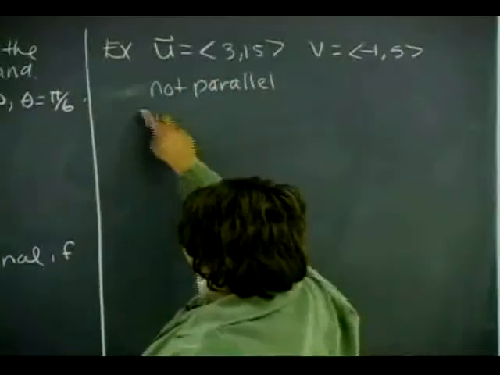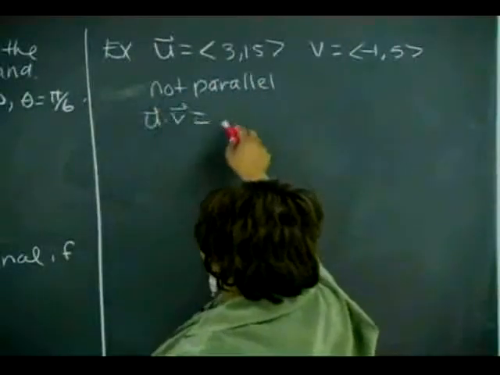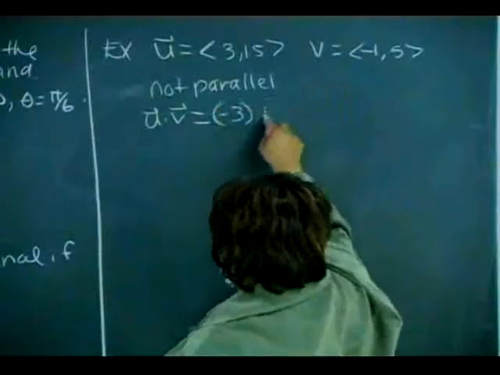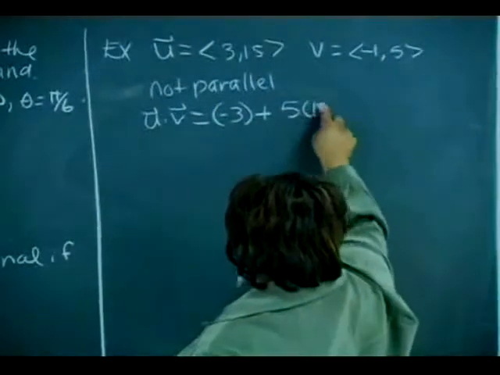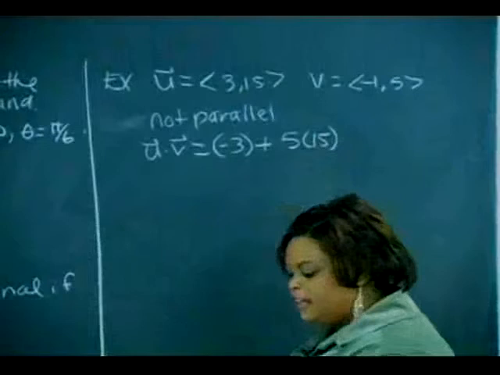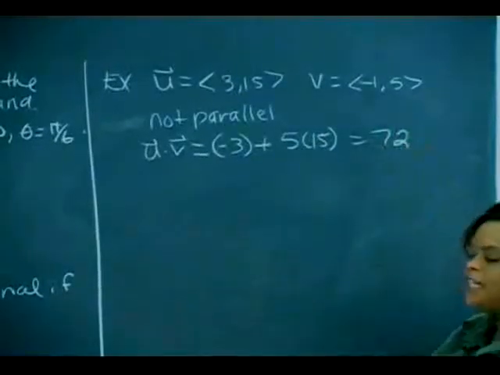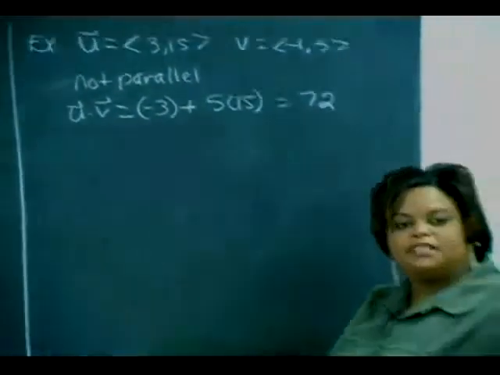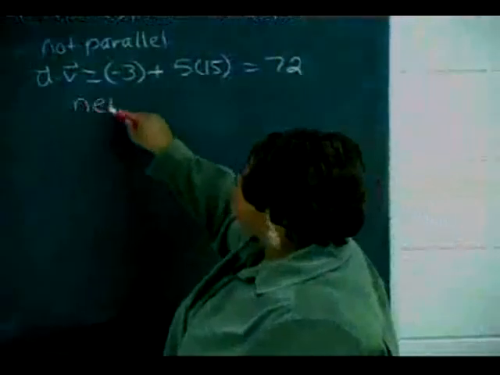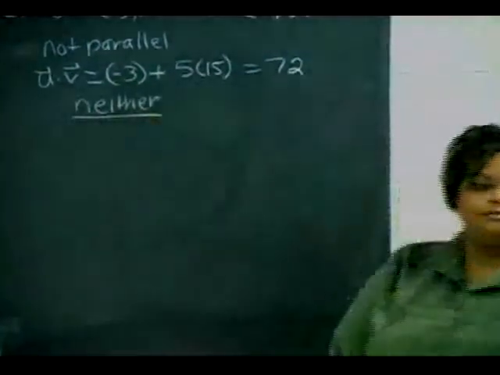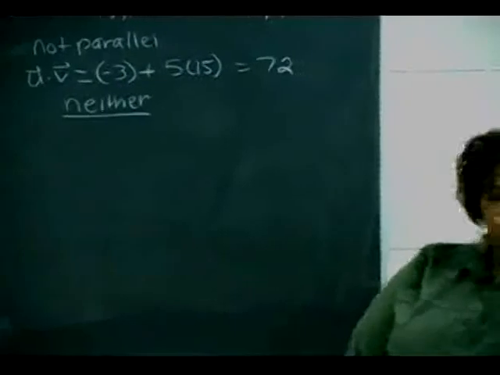So now I need to check and see what U dot V is. So 3 times -1 is -3, and 15 times 5 is 75. This gives me 72. So I don't get a dot product of 0, which means this thing is what? Neither parallel nor orthogonal. How did you find out it was parallel?